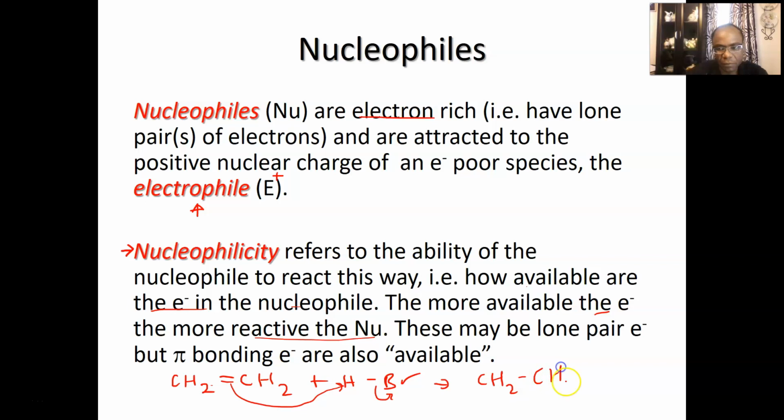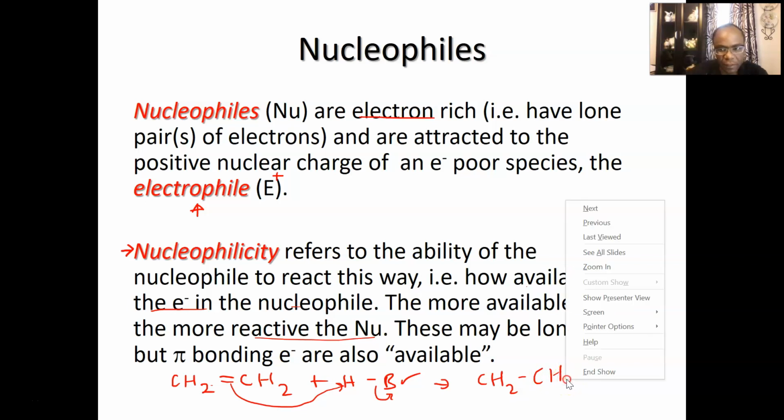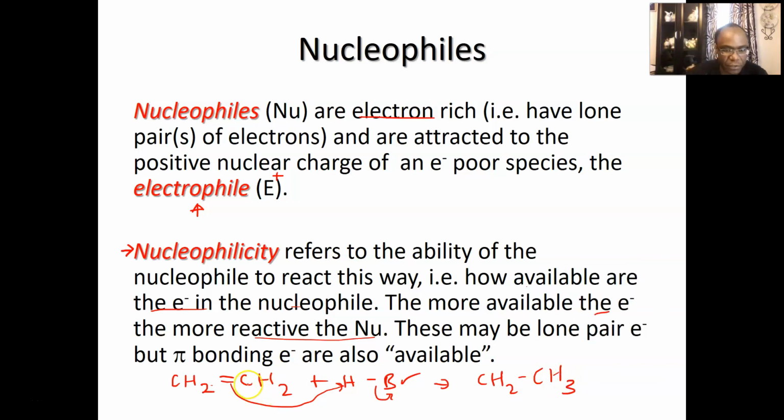So probably this will be the carbocation to be formed. The CH2 turns to a CH3, and then the other CH2 will have a positive charge. So that's the carbocation as Br leaves. Here you're using the 2 electrons to attack the partially positive hydrogen, which is partially positive because bromine again is electronegative.